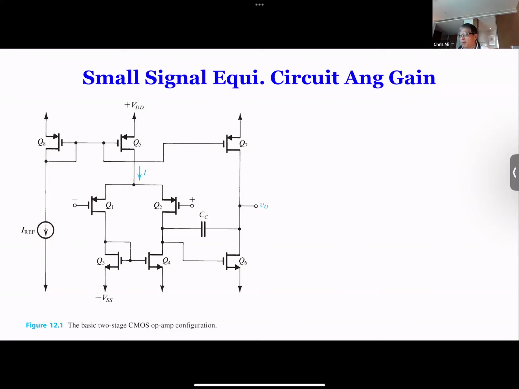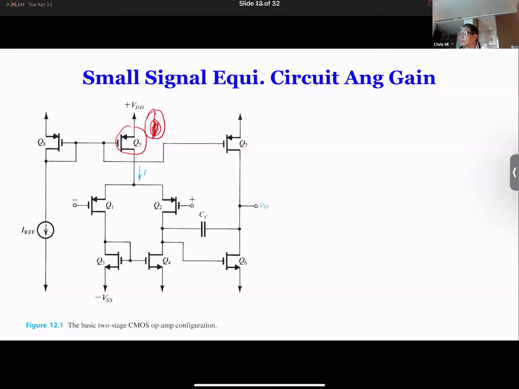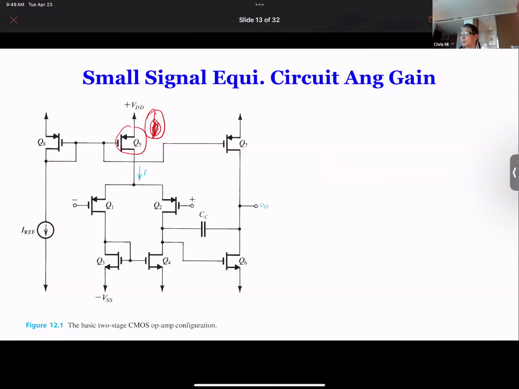If you remember, this one is equivalent to a current source. So Q6 is a current source, and here is equivalent to a current source in series with a resistor. This one also is a current source with a resistor, and here is a current source with a resistor.